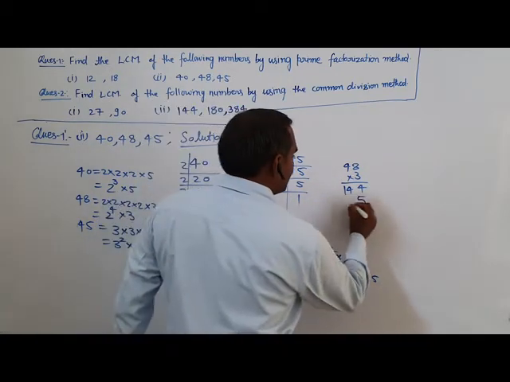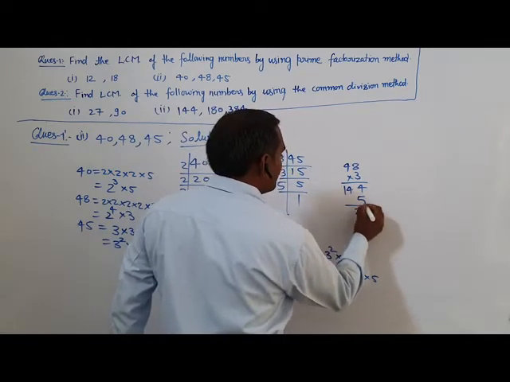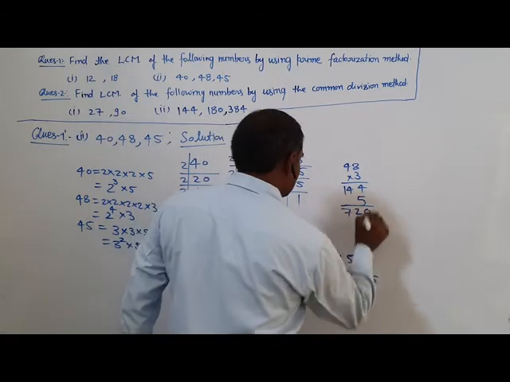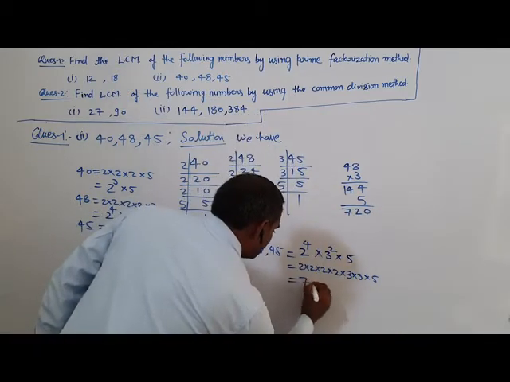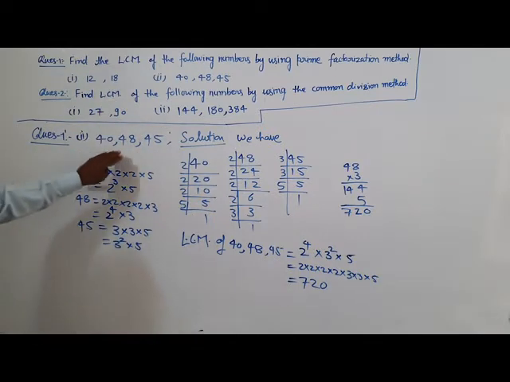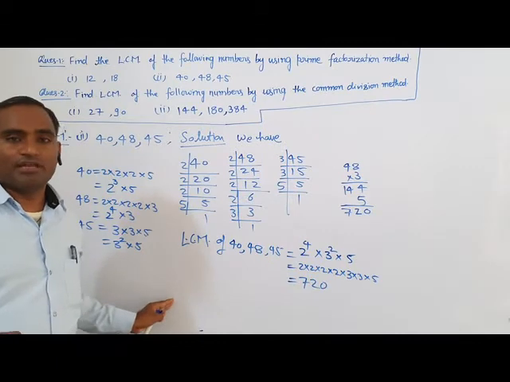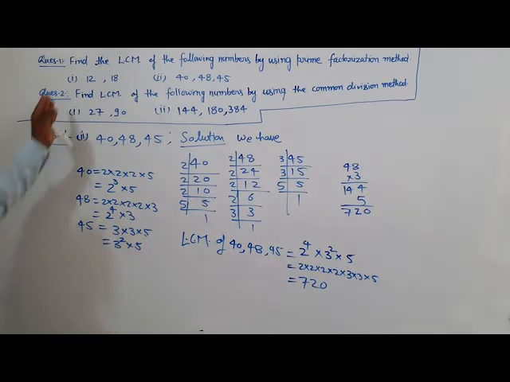Into 5: 5 4s are 20, 5 4s are 20, 22, 5 1s are 5, so 720. So 720 is the LCM of 40, 48 and 45. In this way, all of you can solve LCM questions using the prime factorization method.